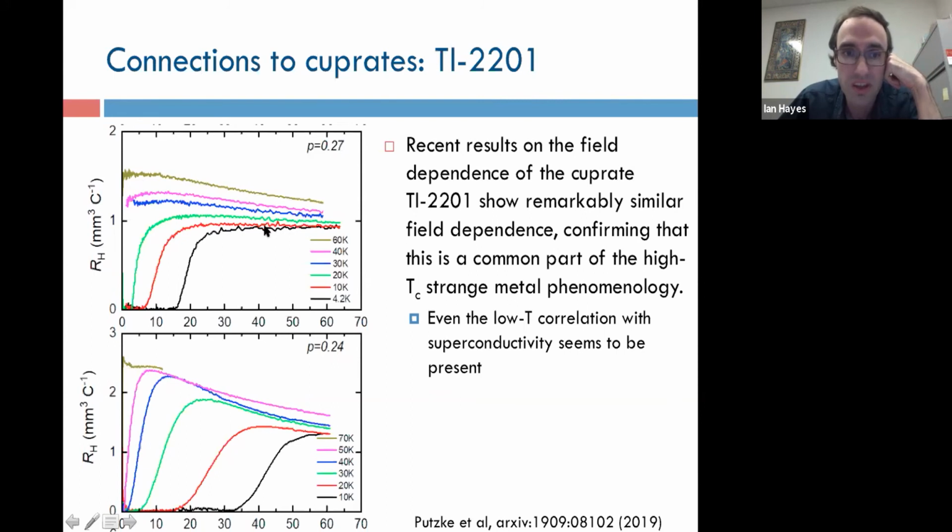And there are some qualitative consistencies here, where the Hall coefficient decreases with field, and that weakens as you go to lower temperatures on the overdoped side. I'll leave it to you to read that paper and determine how similar you think they are. But I think it's a very interesting point of comparison and suggests that something about this may be universal to all these high TC materials.